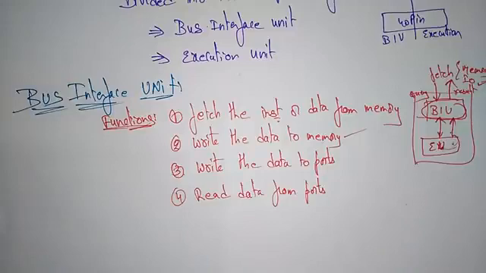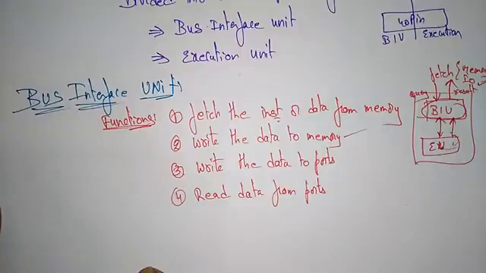It fetches the data from memory, writes the data to memory, writes the data to input output ports, and reads the data from ports. So it fetches data from ports and memory, and writes data to ports and memory. That is the work of the bus interface unit.